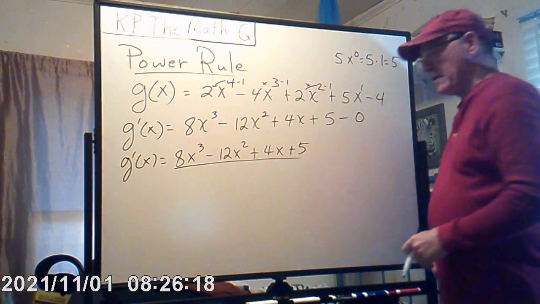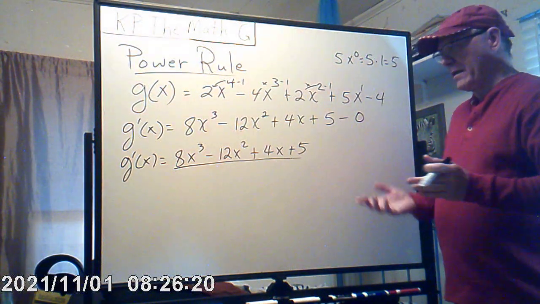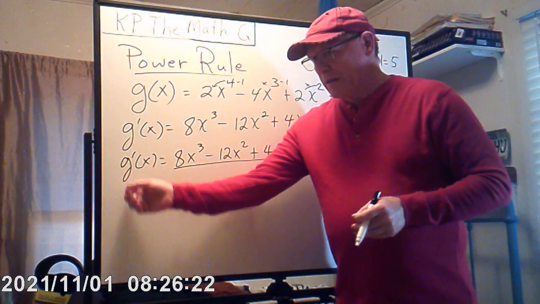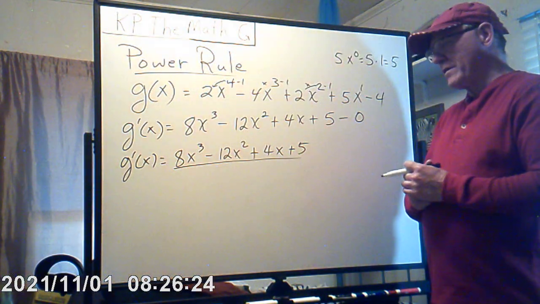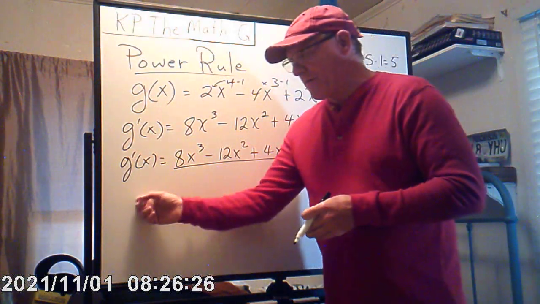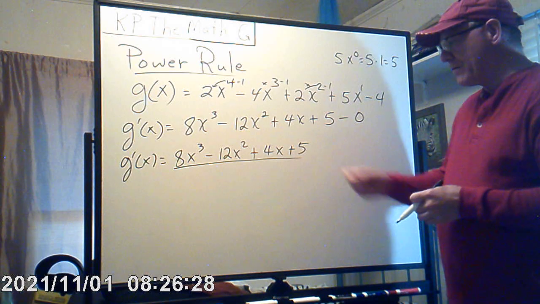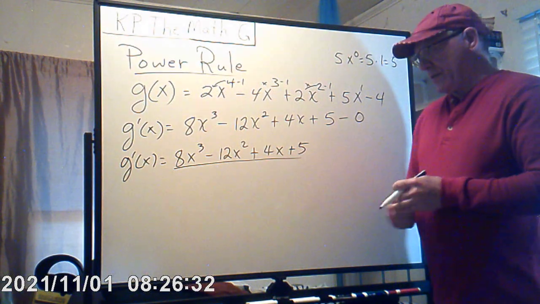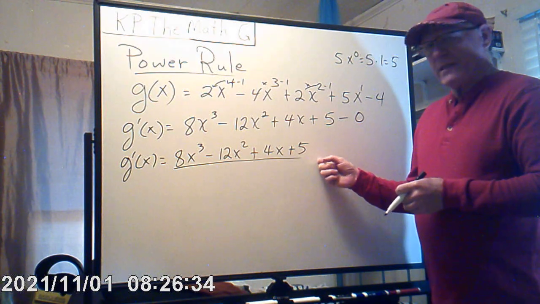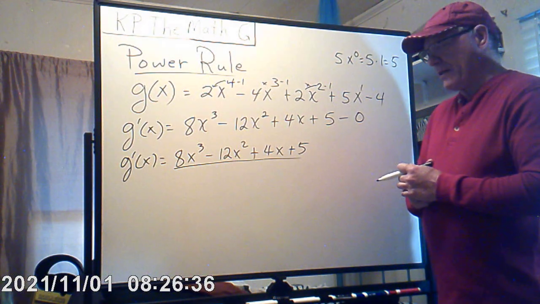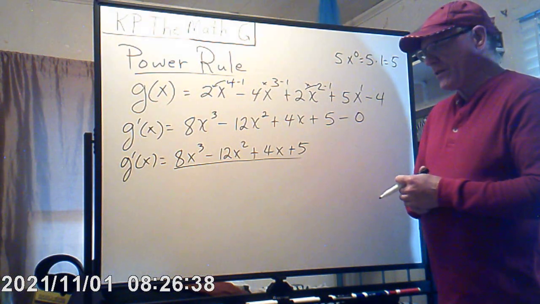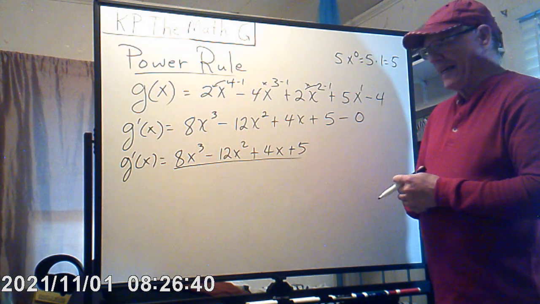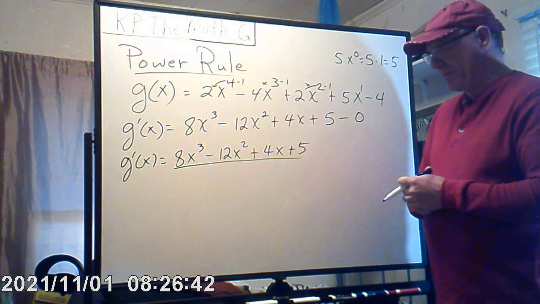Right, and then again, if you want to find the instantaneous velocity at t equals 1, you can just plug 1 in, can't you? This could represent the slope of the tangent line. So what is the slope when x is equal to 2?